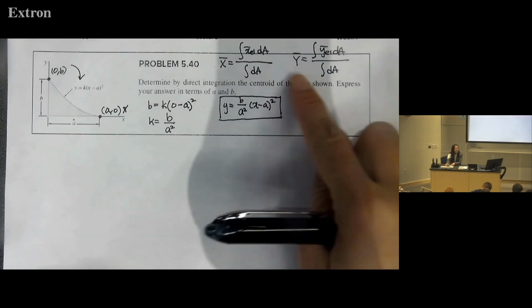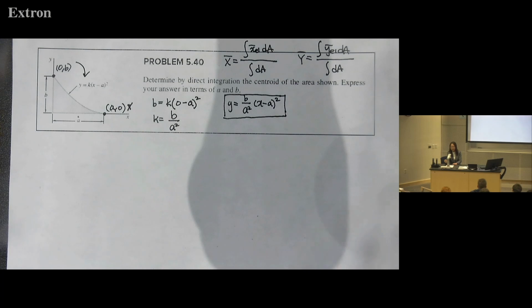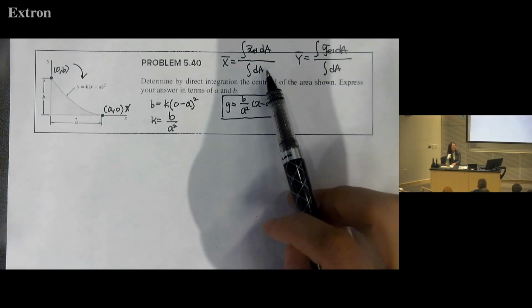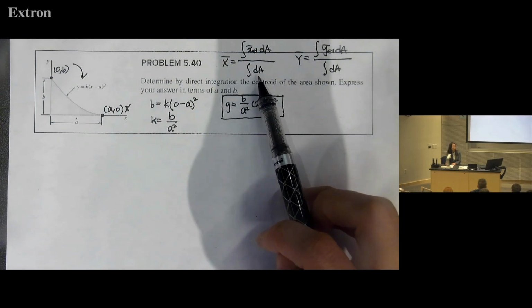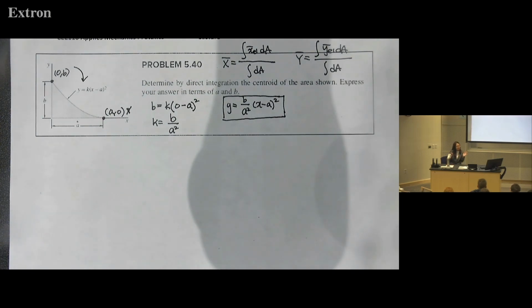So these two are the centroid equations for the continuous shape. Now we need to conduct the integration 3 times, for this, this, and this. For this problem, I use think pair share or group problem solving for the integration part. But before that, I'll explain the procedure.